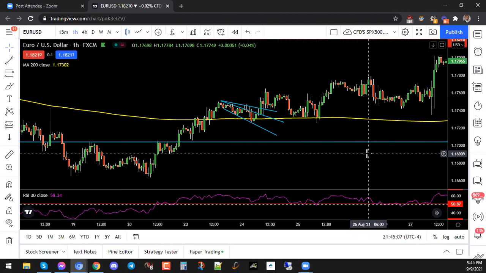And if you find yourself getting a corrective formation, and that corrective formation is telling you to go long, you can only look for long trades, right?